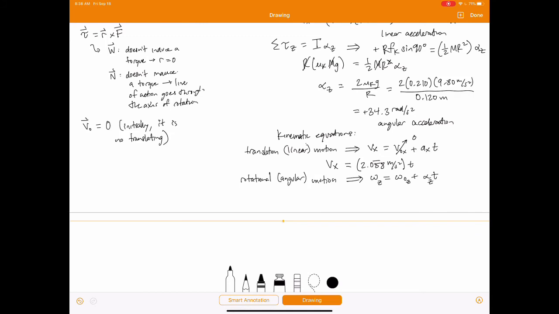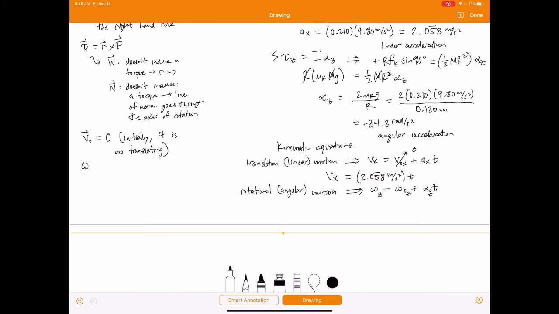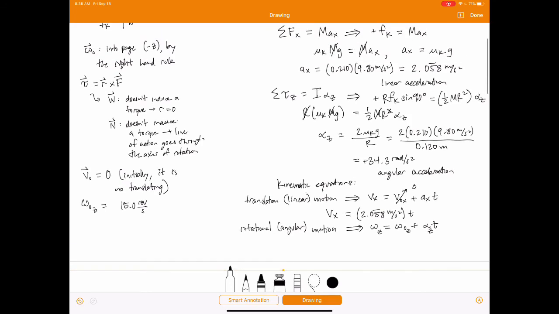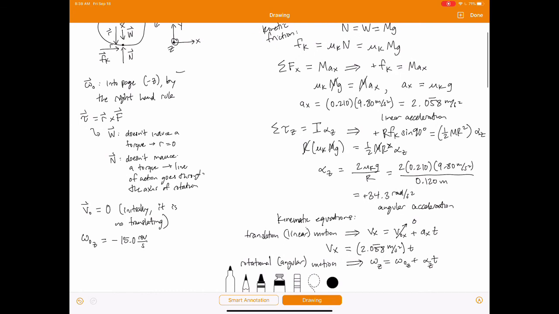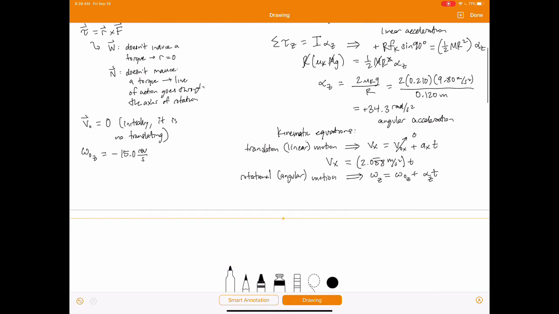and omega naught in the z direction is something we have. Remember, we're rotating at 15 revolutions per second initially, but we'll put a negative sign on that because, as we said earlier up here, omega naught is going into the page in the minus z direction, so it carries a negative sign.